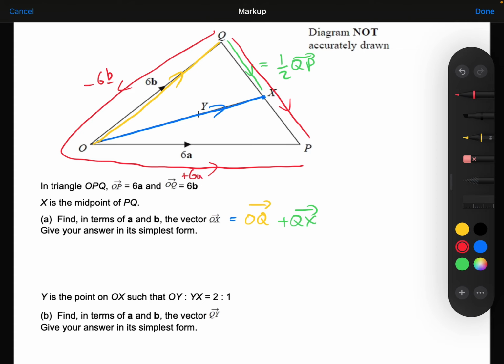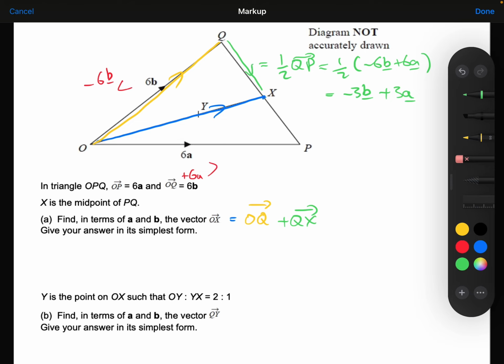So that's QP. So QX is going to be half of that, so half of the minus 6b plus 6a, which is minus 3b plus 3a. So that is my vector QX.